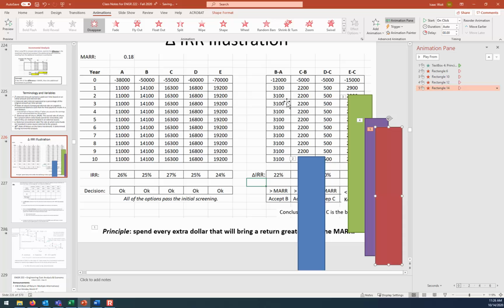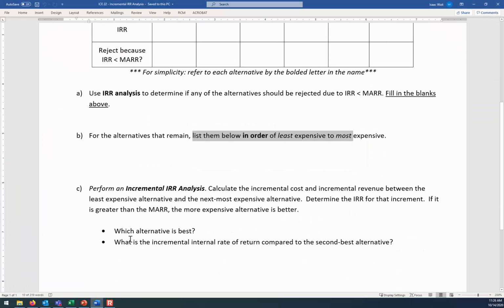You only know one column at a time because you don't know which alternative is going to prevail in the first comparison. Okay, so in doing the incremental analysis, what that'll tell you is which option is best. And then we also will be able to know what's the incremental rate of return compared to the second best alternative.